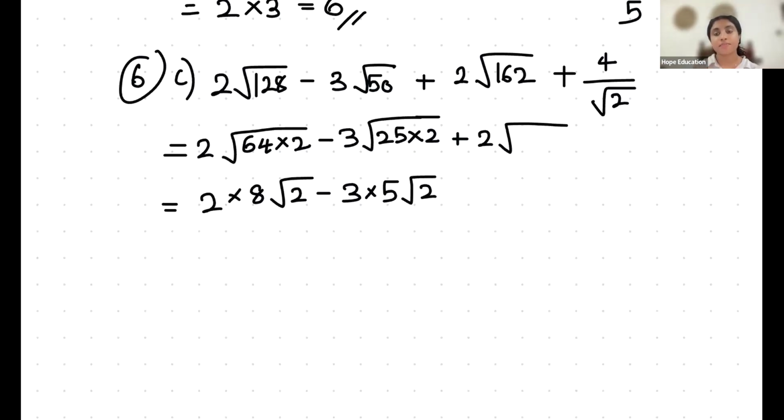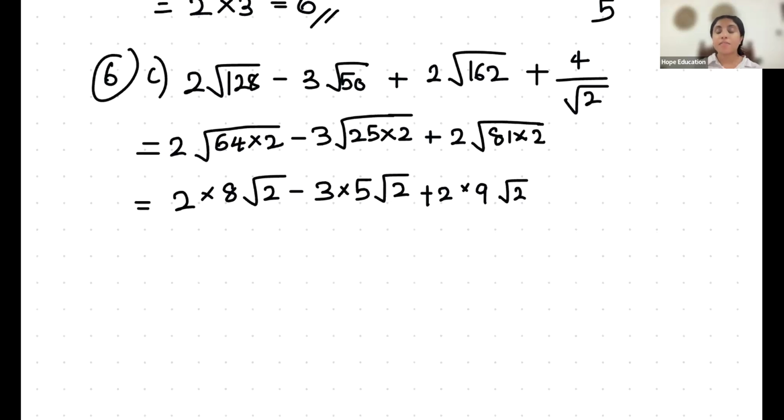What about others? What is the perfect square that is inside 162? Or 162 I can also write as what? 81 times 2. 81 is a perfect square. What is the square root of 81, Namai? 9. So I take that out as 9 and I leave 2 inside the root sign.